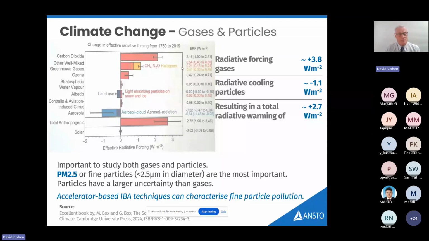Now, I don't know whether you realize, but there's been a lot of work on the greenhouse gases. That's up in this region here: carbon dioxide, methane, nitrous oxides and helium. If you look at that, that sits on the positive side here. It's positive forcing. And the positive forcing of gases is about 3.8 watts per meter squared.